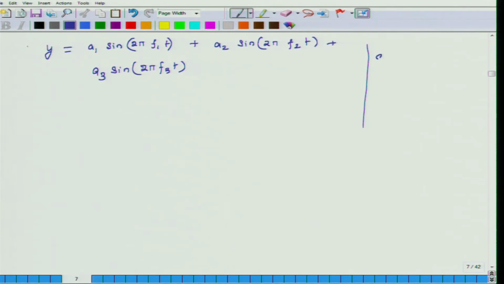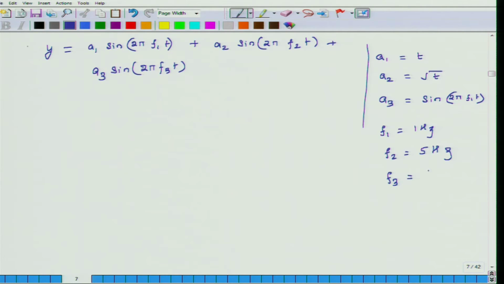We had defined A1, A2, A3 not as constants but as functions of time. A1 was basically t, A2 was root of t, and A3 was sine of 2 pi f1t. And f1 was 1 hertz, f2 was 5 hertz, and f3 was 50 hertz.